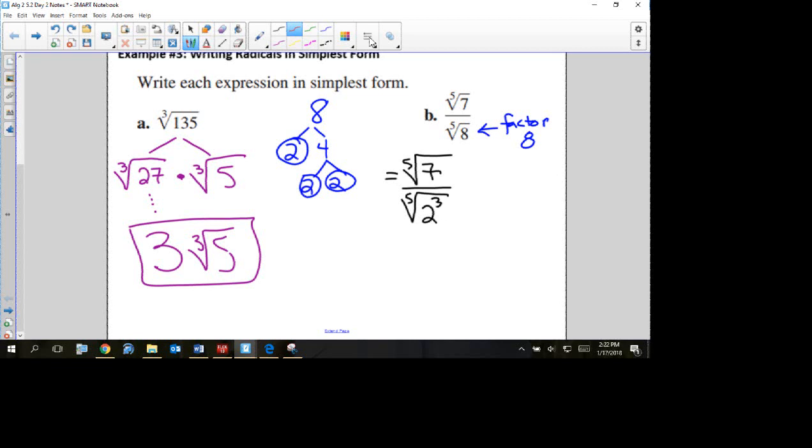So what I'm going to do is multiply by the 5th root of 2 to the 2. So total, I will have 2 to the 5th down there. But if you're going to multiply the bottom, to keep the value the same without changing the value, you also have to multiply the top by the same number.